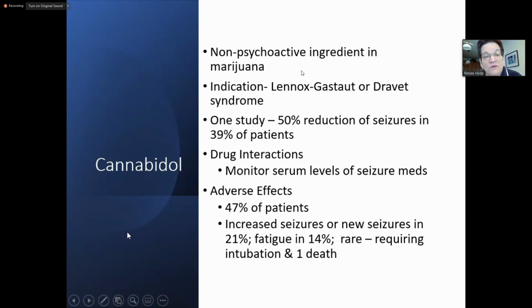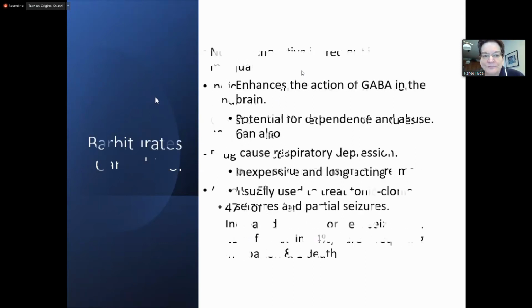But I will tell you, you will see a lot of patients use either CBD or some of the compounded marijuana-type medications to help control their seizures. But the only evidence-based practice studies that I have seen are in these two syndromes.